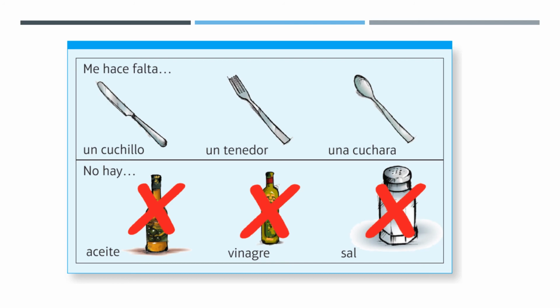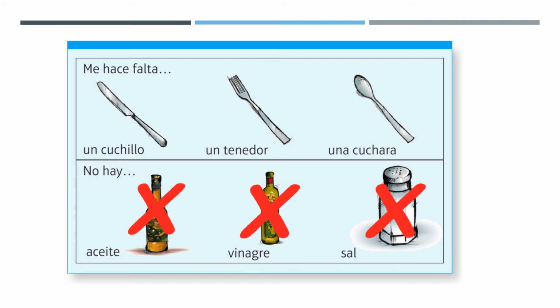See that verb tener is to have. You have something on your fork, don't you? Tenedor is a fork, helps you hold it. Un tenedor. Okay, other complaints, there is no, no hay, there isn't. Aceite, oil. Spanish will often use oil, vinegar and salt on their salads. They like to do their own at the table.